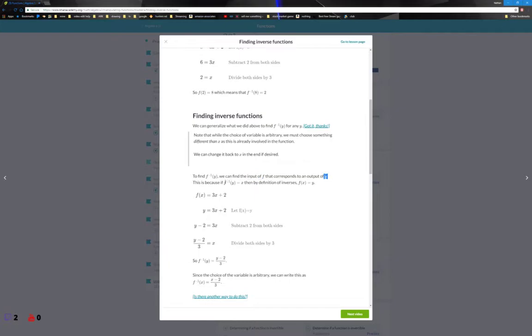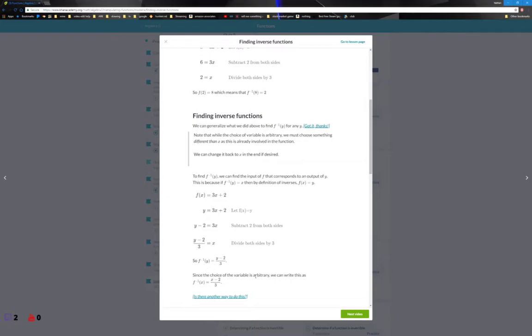That is because if f inverse of y equals x, then by definition, f of x equals y. f of x equals 3x plus 2, and then we can set f of x to y. y equals 3x plus 2, y minus 2 equals 3x, y minus 2 over 3 equals x. So f inverse of y equals y minus 2 over 3.